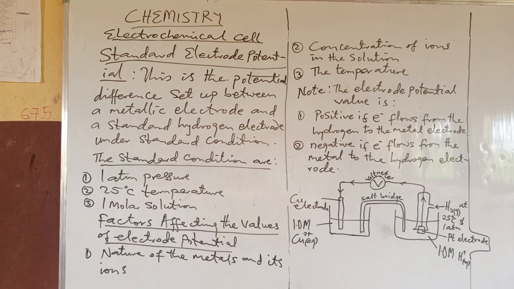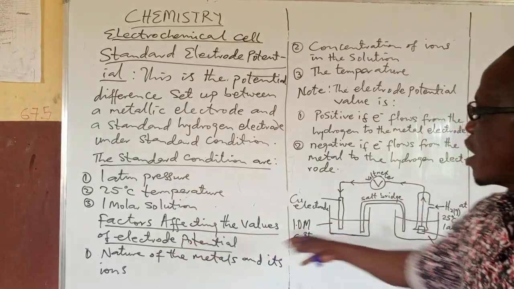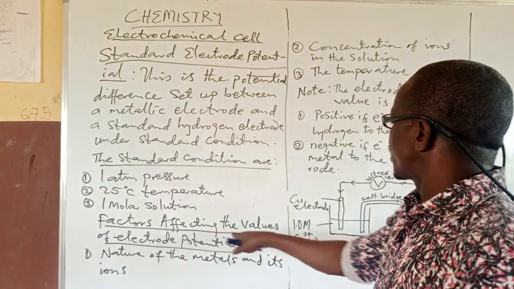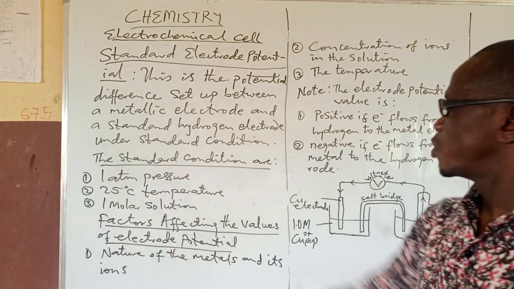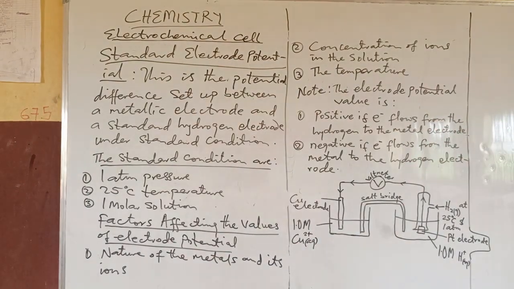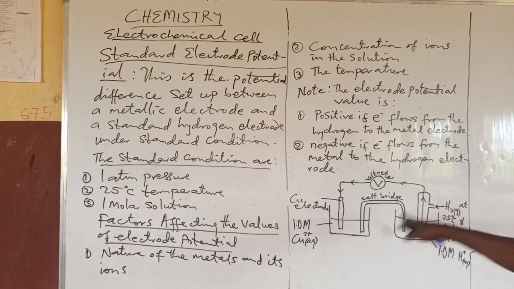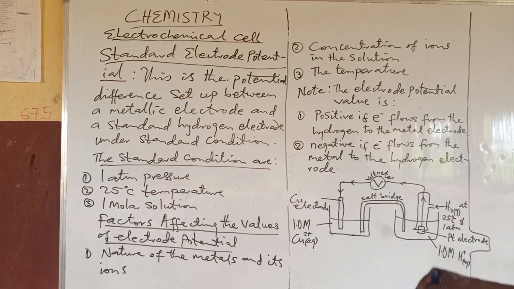So now I have explained all the factors affecting the values of electrode potential. 1. Nature of the metals and its ions. 2. Concentration of ions. I've explained all of that. 3. The temperature: when you increase the temperature, it will affect the value that will come up here.